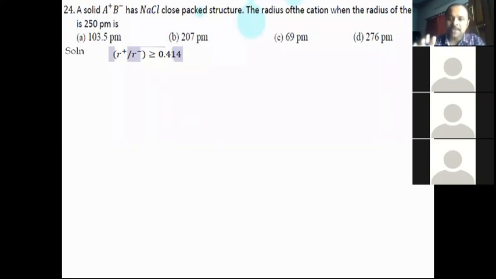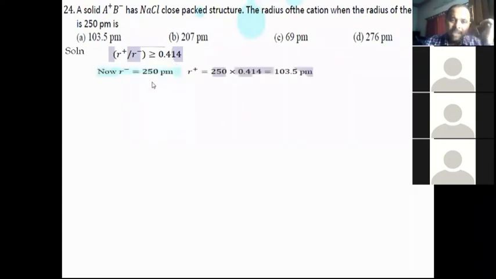So if it is NaCl, you should use the coordination number 6 range of radius ratio. It starts from 0.414. They have given the radius of anion 250, and the radius of cation is what they are asking. So it will not be 3.5, which is option A.